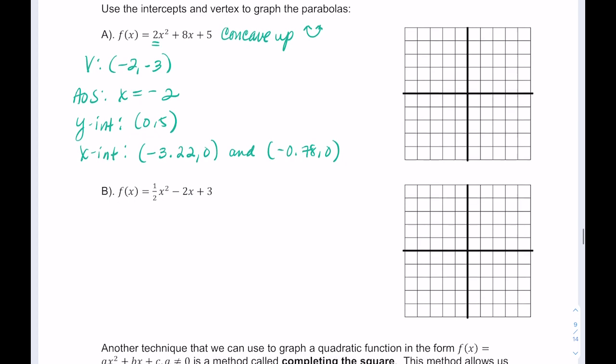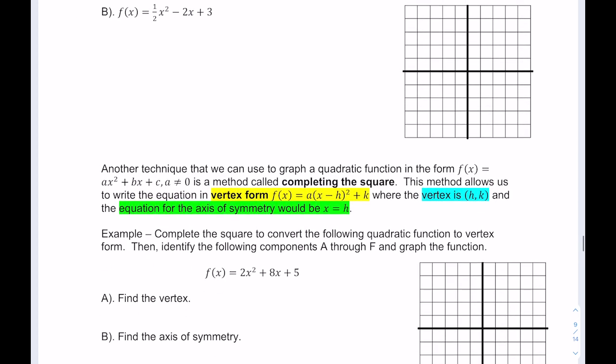I am going to do b with you. So first I need to write out my a is 1/2, my b is negative 2, c is 3. So I'm going to first do negative b over 2 times a. So the numerator gives me positive 2, and then 2 times 1/2 is 1. So my x value is just 2.